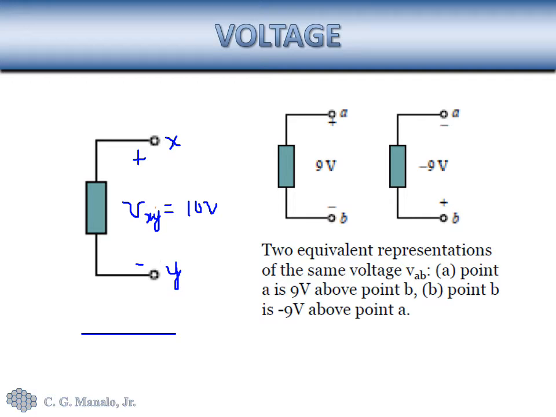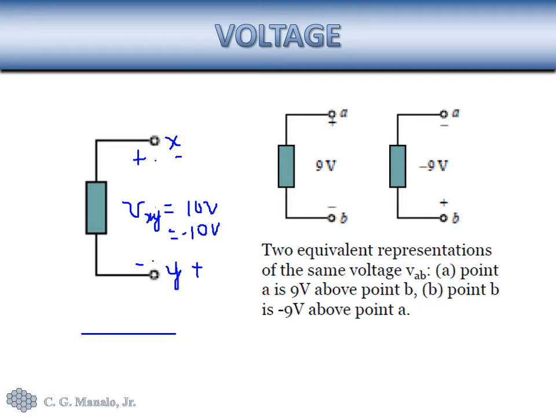That means our label here is correct, and terminal X is more positive than terminal Y. If, however, we got a negative 10 volts, that would mean that our initial labeling of the polarity is reversed. So in this case, if we get negative 10 volts, that would mean that Y here is more positive compared to X.